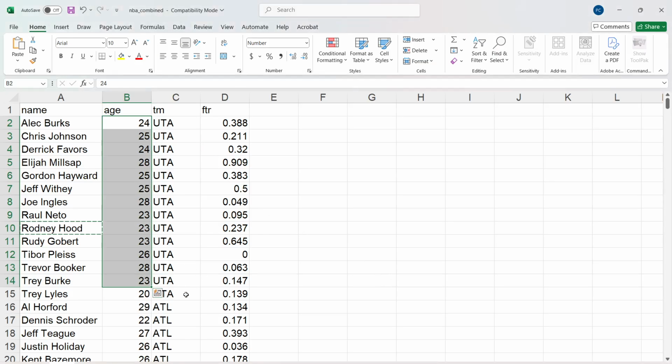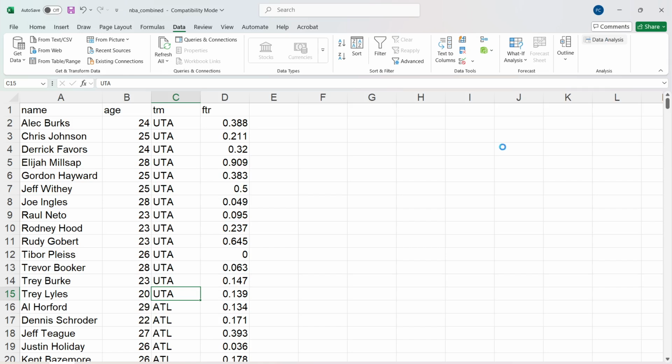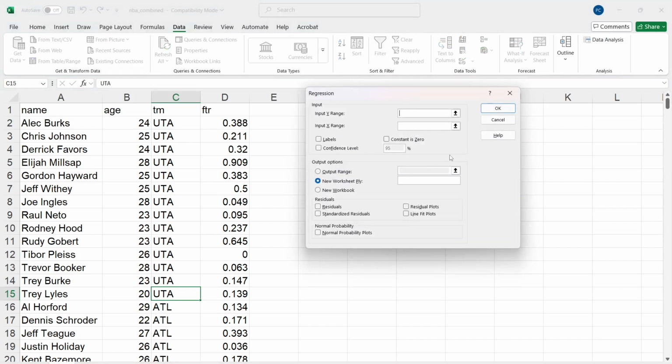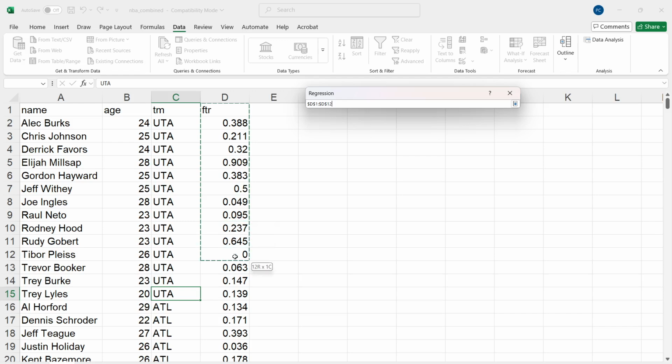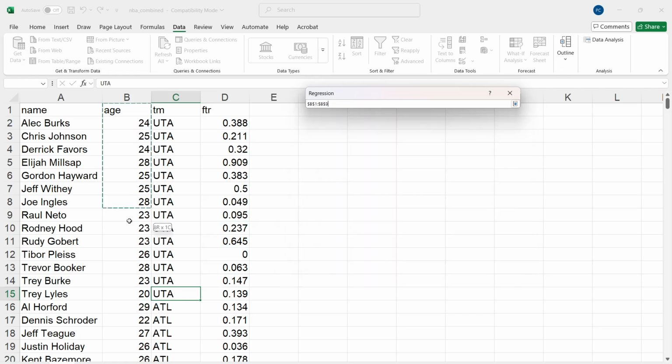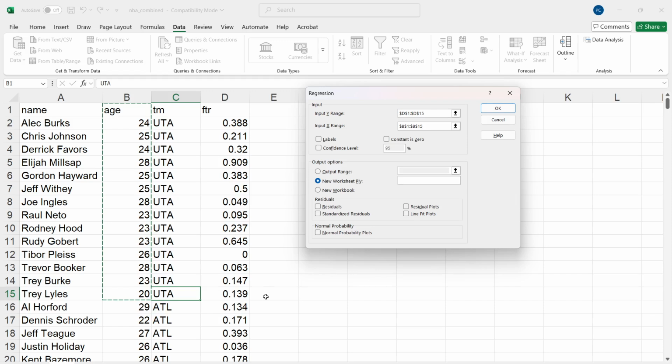I'll take the Utah Jazz here and go ahead and say data analysis, grab the regression tool, and let FTR be my dependent variable. I'll go all the way down. For X, take age. I did take labels.